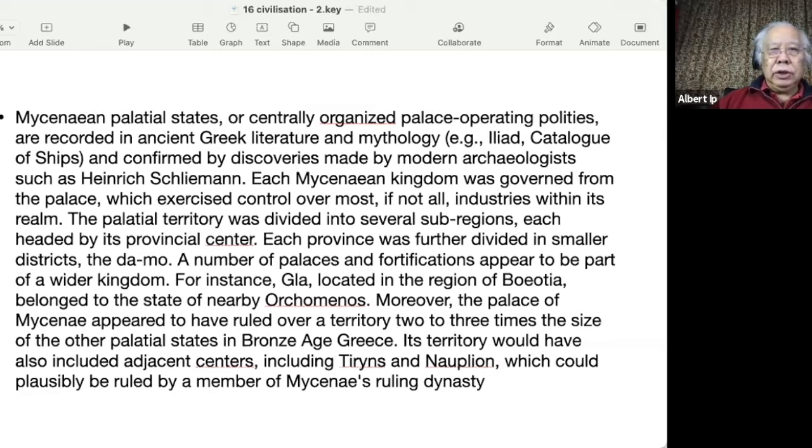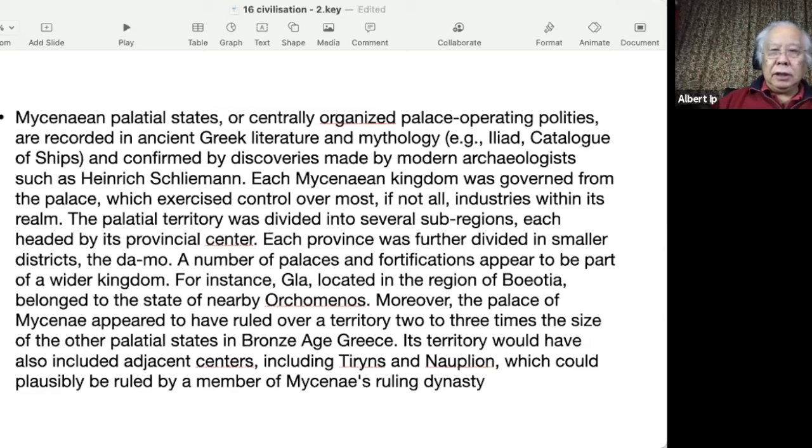The palatial territory was divided into several sub-regions, each headed by its provincial center. Each province was further divided into smaller districts. A number of palaces and fortifications appear to be part of a wider kingdom. So they are very much in a hierarchy.